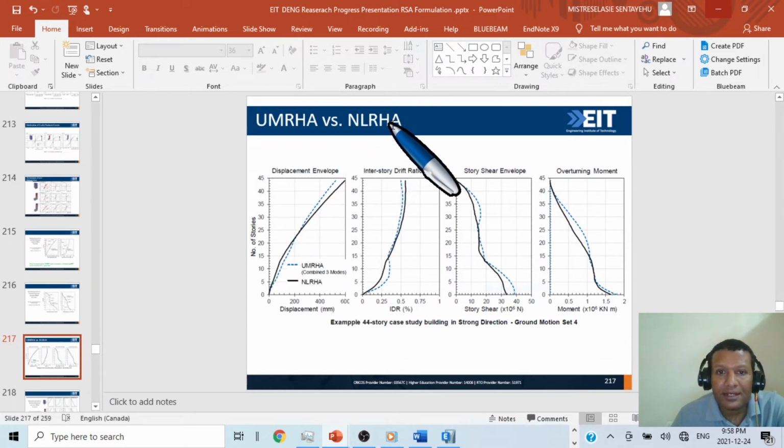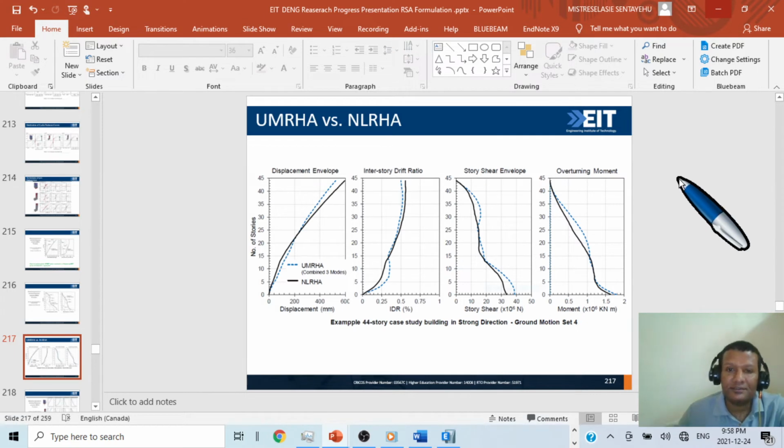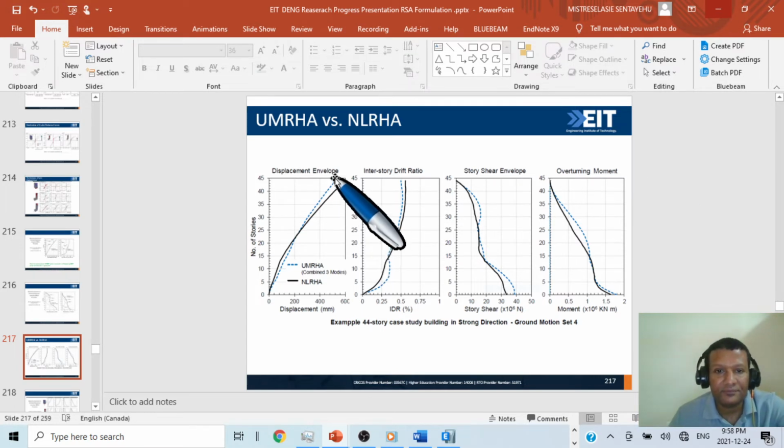But for nonlinear response history analysis, you have the system, directly apply dynamic analysis and find the result, and change it into multiple degree of freedom system.